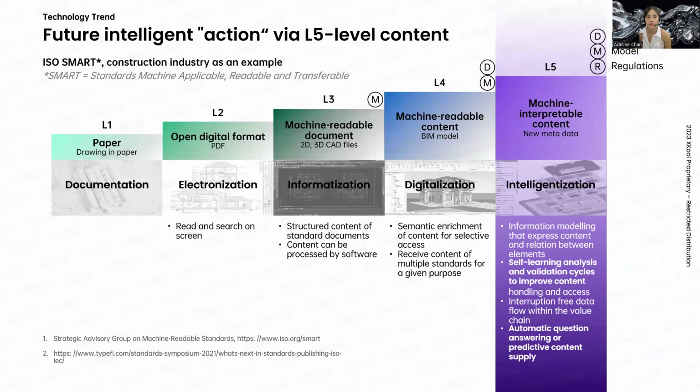So many human tasks now, like BOQ calculation, etc., can be done by machine. But in LookX and also in xKool, what we are targeting is machine-interpretable content, which is L5. So we believe in self-learning, self-analysis, and creating a self-validation cycle back to improve the content itself within the ecosystem. That is what we are targeting.